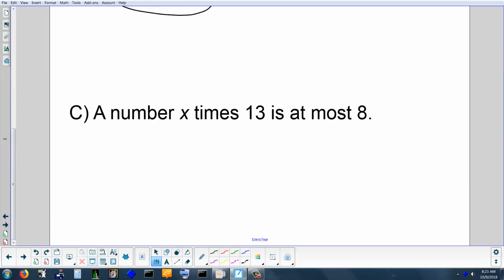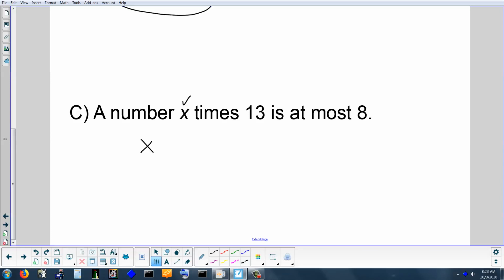Okay, let's look at this one. A number x times 13 is at most 8. As we read through that sentence, what's the first thing there that's important? X, absolutely. That's the very first thing, so let's write it down.